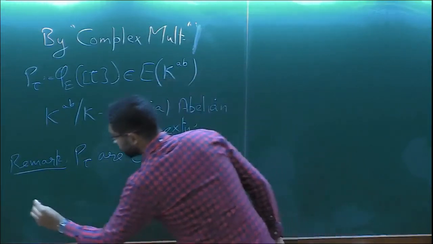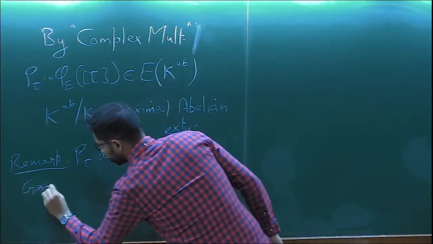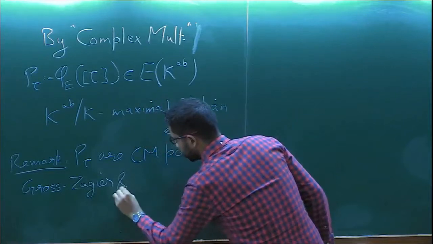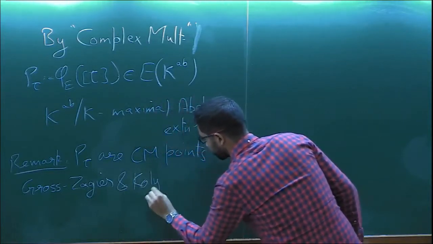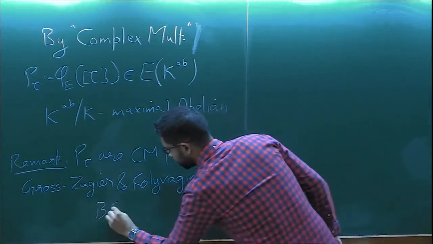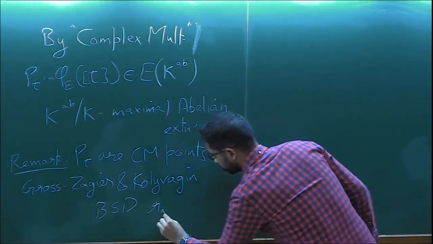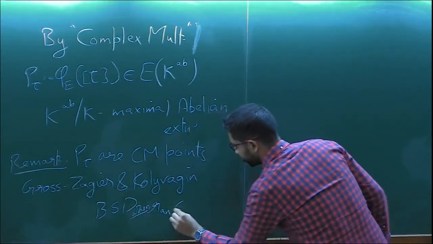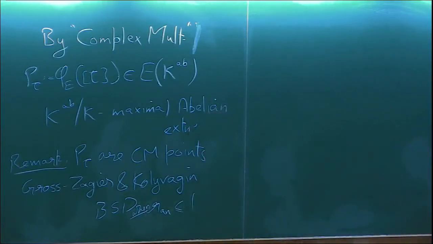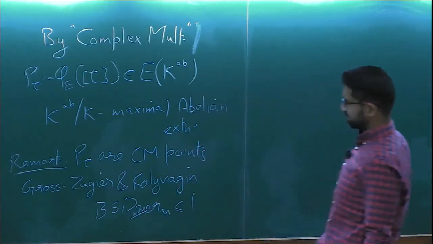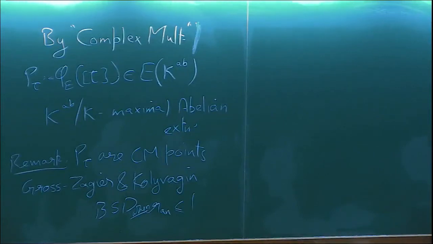And they're quite crucial in the work of Gross-Zagier and Kolyvagin, in proving BSD when the analytic rank is 0 or 1. So producing rational points on elliptic curves has its own interest. It also came up in Sujatha's talk 2 days ago.